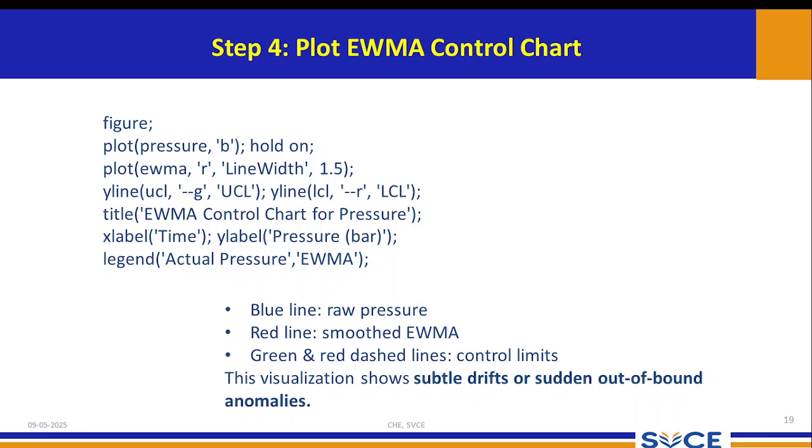The blue line is the raw pressure, the red line is the smoothed EWMA, and the green and red dashed lines are the control limits. Hope you know how to do the MATLAB code. This is very simple. So that is the fourth step of the MATLAB code.